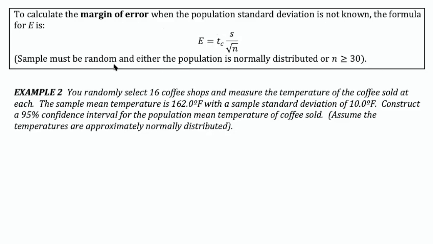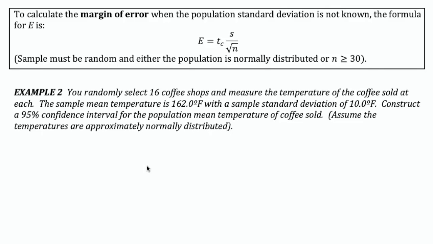Now, the sample, again, has to be random, and either the population is normally distributed or your sample size is at least 30. So let's try getting the margin of error in example 2.